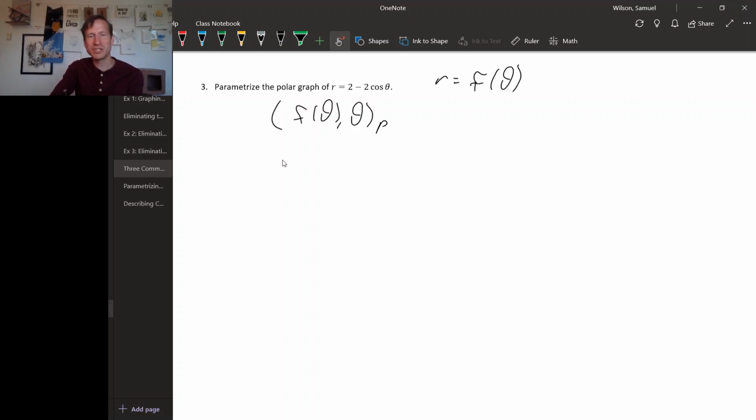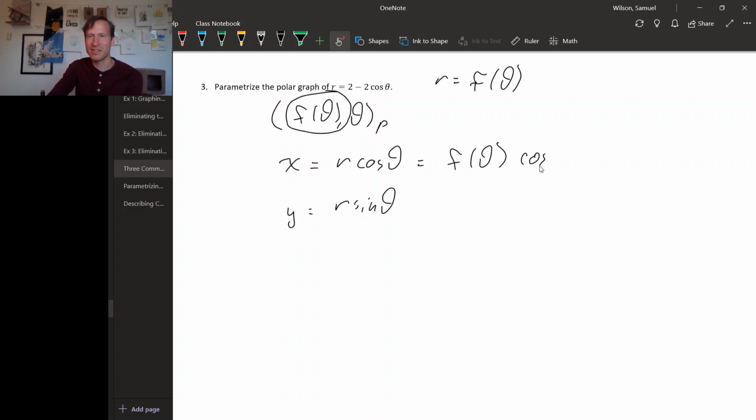But remember, to switch to rectangular coordinates, x is just r cosine theta, and y is r sine theta. But our r value is right here. It's f of theta. So we'd have f of theta times cosine theta for x. And for y, we'd have r, which is f of theta, times sine theta.